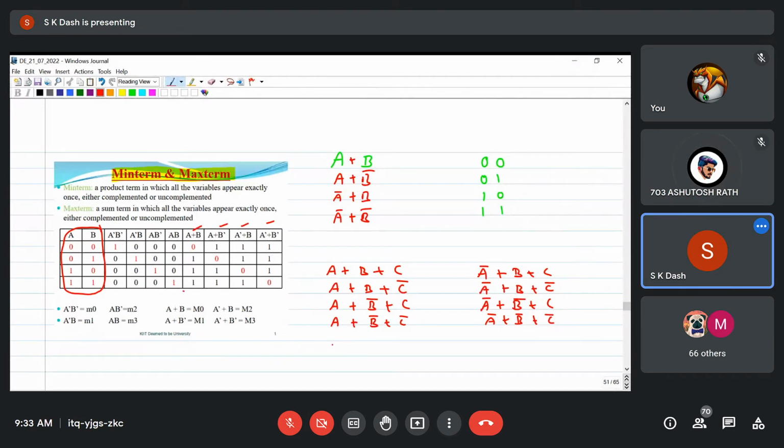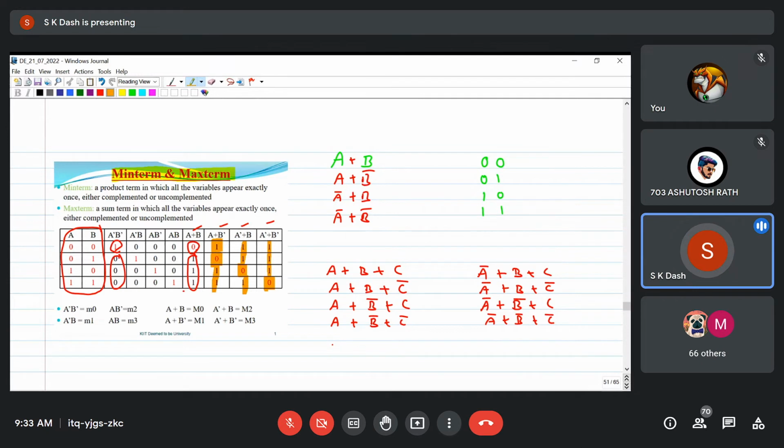Yes, it is correct. Now, what pattern is followed here? Like in product terms, one output was 1 and the other outputs were 0. Similarly here, one output is 0 and the others are 1.